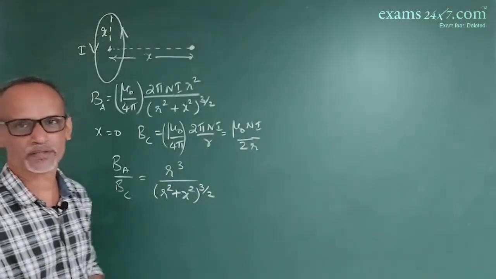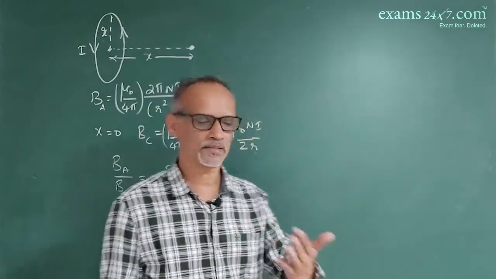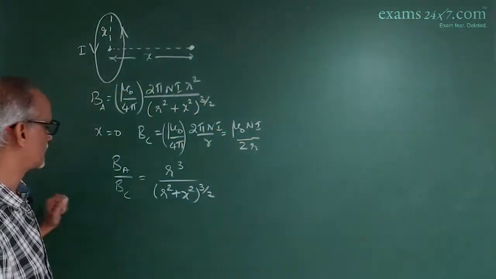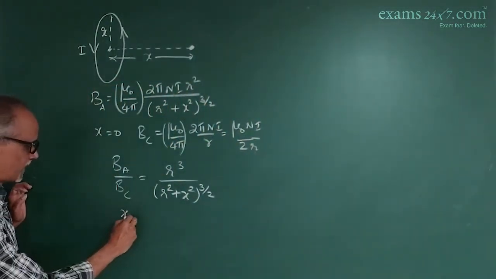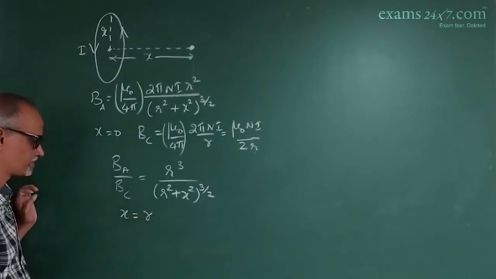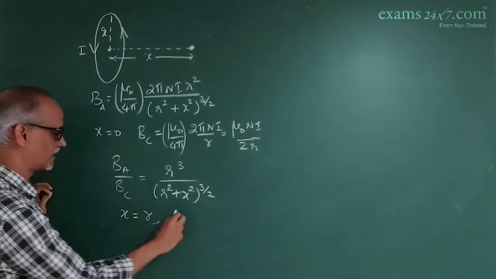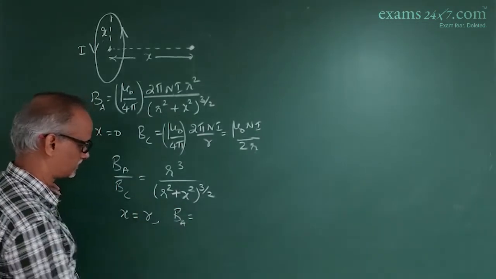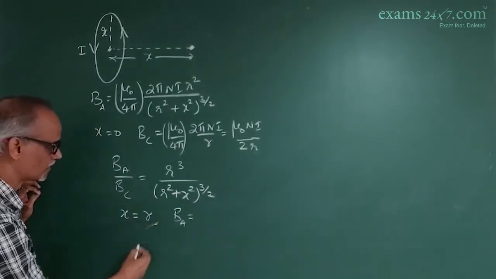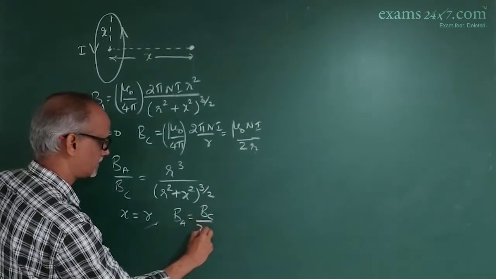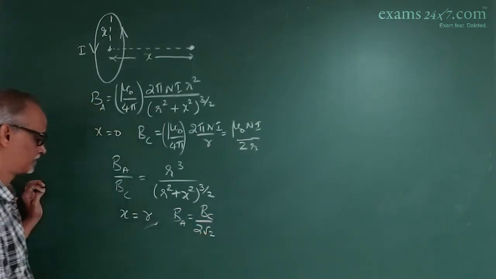So, this will give you the ratio of the magnetic field at a point on the axis to that at the center. Now, if X is equal to R, that is, if the point is at a distance equal to the radius, then you get this value of BA to be equal to BC by 2 root 2.